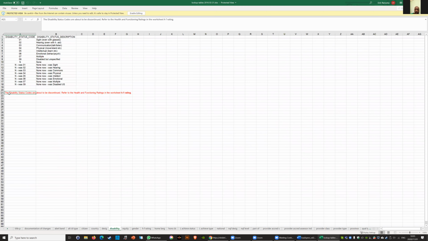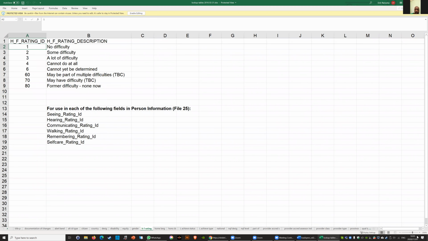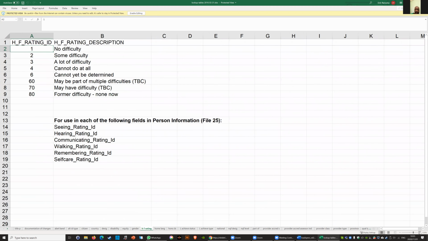Each of these fields, the seeing, the hearing, the communicating, the walking, the remembering, and the self-care, now have 1, 2, 3, 4, 6, 60, 70, and 80. I'm not quite sure how they count, because they left out the number 5 and then went to 60, 70, and 80. I don't understand the logic there.